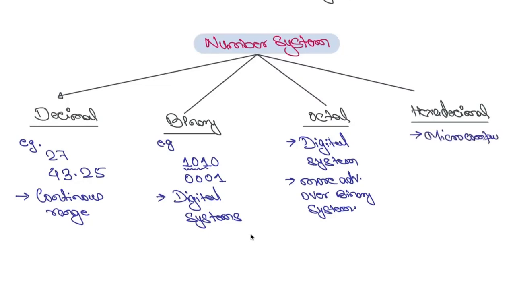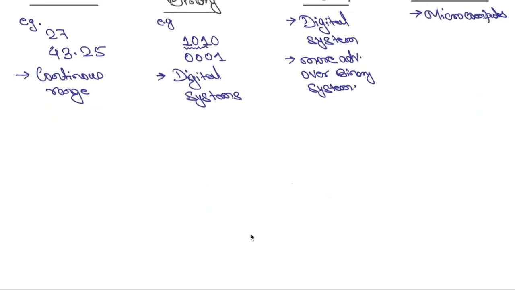You will see, right? Nothing more than that is required for decimal, binary, octal, and hexadecimal. We will talk more about binary, and we will talk about decimal to binary conversion and binary to decimal conversion. Some we will see about octal also, but let us first start with the decimal system.